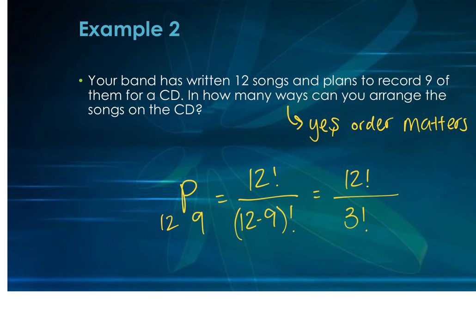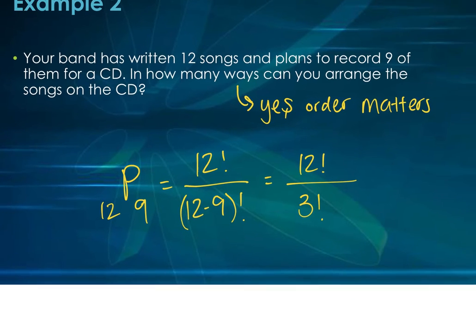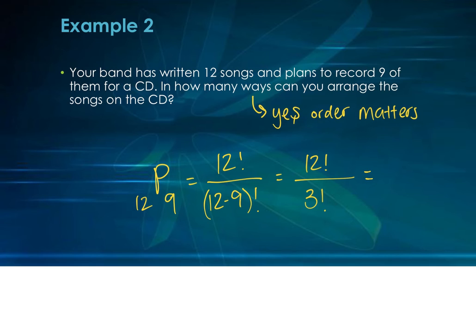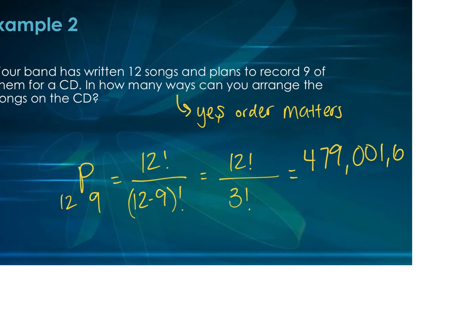Okay? Now, what I want you guys to do is look for that factorial symbol in your calculator. It should be an exclamation point. You probably need to use either the second or the alpha function. So we should have gotten 12 factorial, which was 479,001,600.